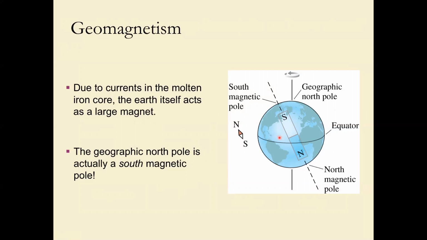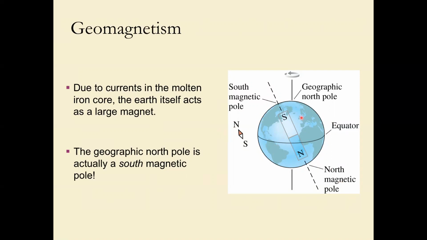One is the solid inner core, and the other one is the molten outer core. This core is mainly made up of nickel and iron, so that's why we call it the metallic core. And in the molten outer core, the moving charges will create a magnetic field. So that's why we can say that Earth's magnetic poles arise from the current in its molten iron core.